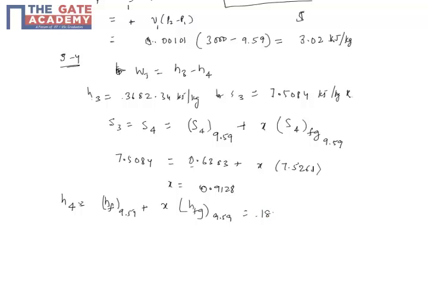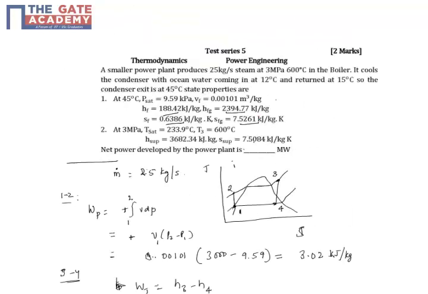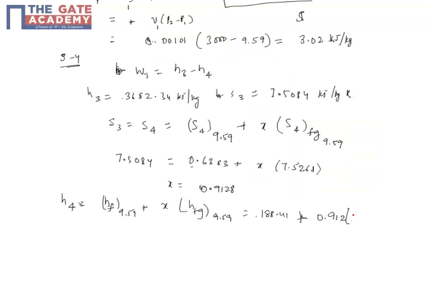So 188.42 plus 0.9128 times 2394.77 comes out to about 2374.4. This is H4.